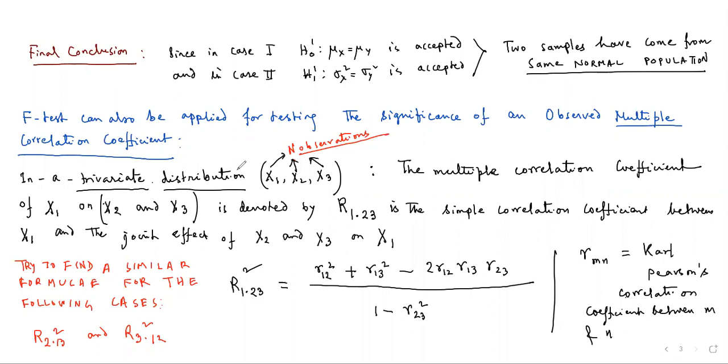Before I end today's session, I must again tell you that most of the students do not have access to statistical software. So again and again I'm saying that the easiest way of finding a statistical software is in your Microsoft Excel.